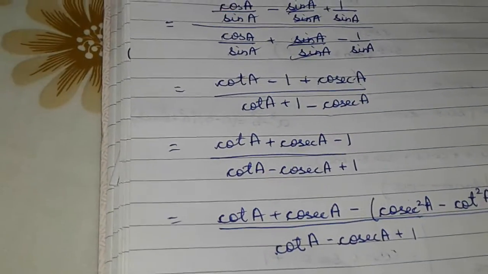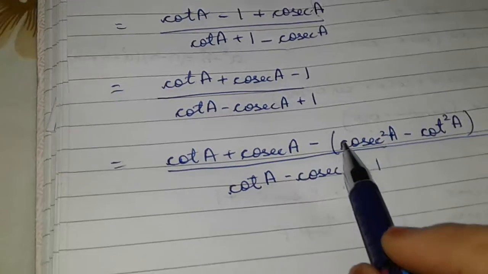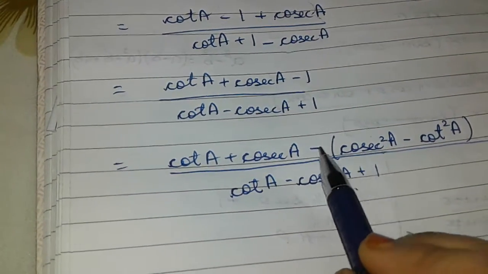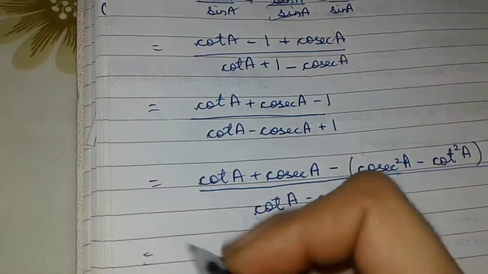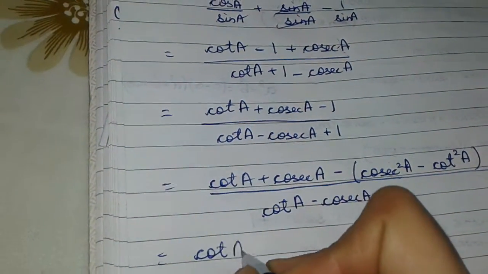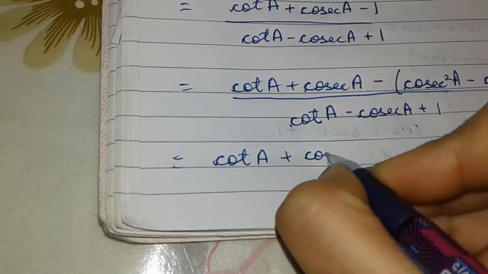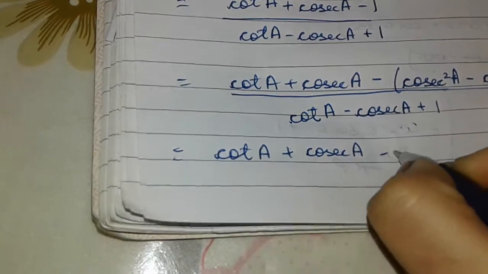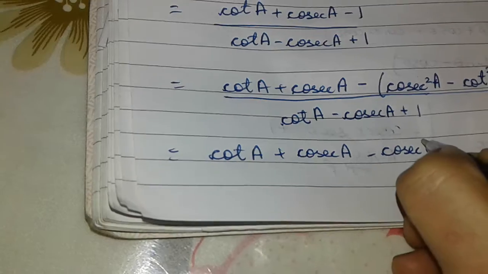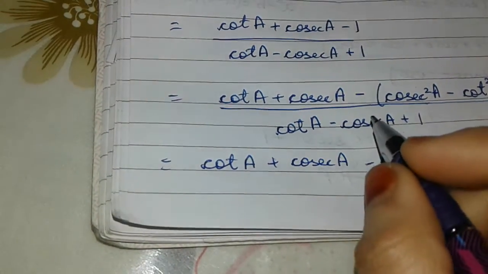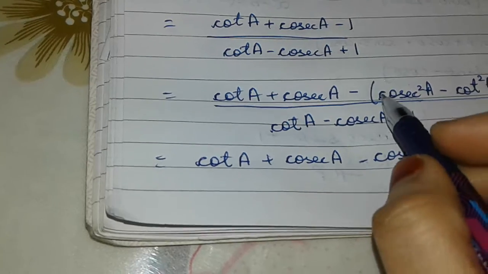Okay, now take this minus, multiply this minus to the bracket. It will be like this: cot A plus cosec A minus cosec square A. Wait, don't multiply this minus with this bracket.